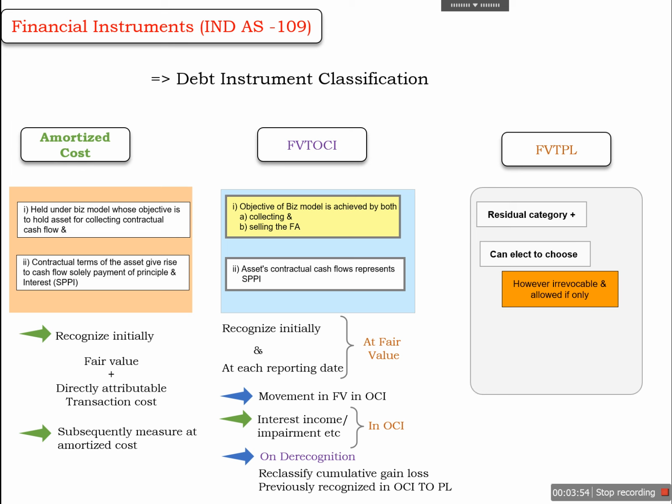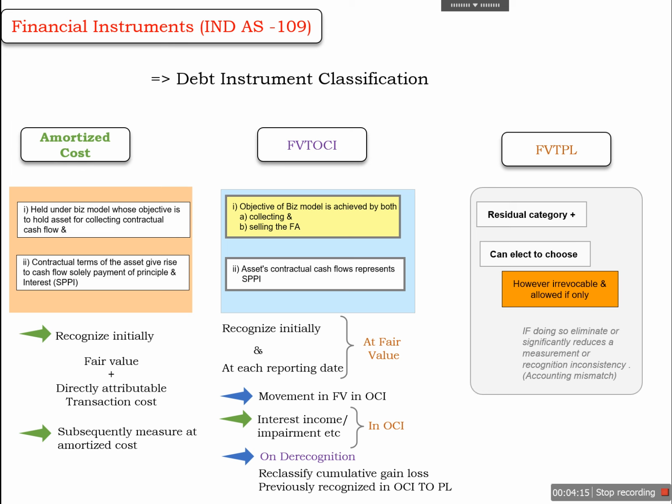It cannot be revoked subsequently, and this classification is allowed only if doing so eliminates or significantly reduces a measurement or recognition inconsistency, which we can call an accounting mismatch.